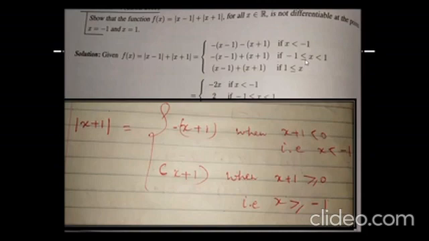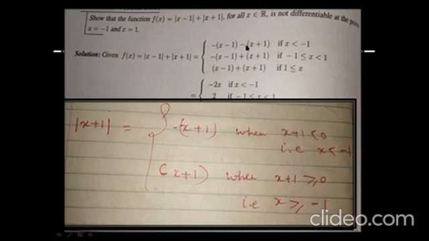So we have to write the value of the mod of x plus 1 as positive. After writing it, we look at the third point. It is given that x is more than or equal to 1. Again we write the same value as in the second term, so we can write x plus 1 here.